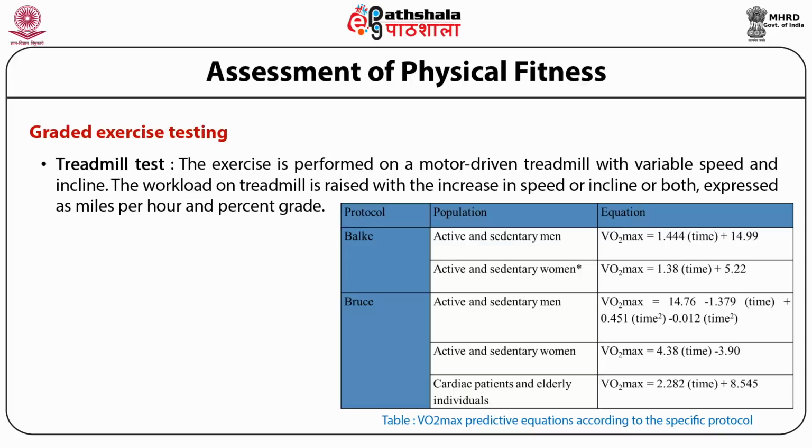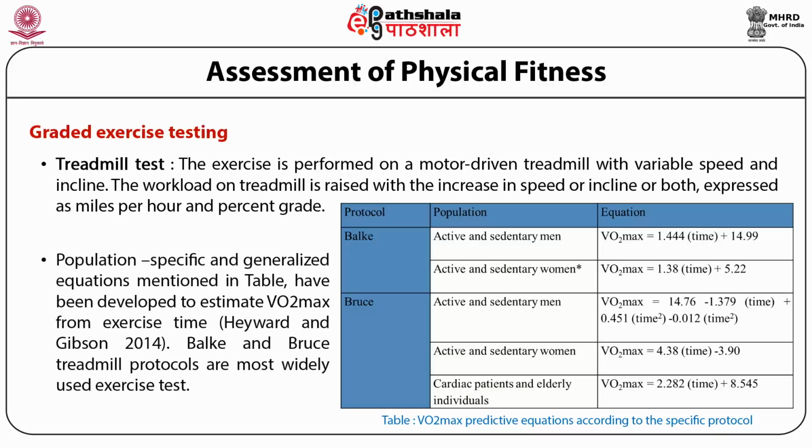The speed of the treadmill varies up to 25 mph and incline is measured in units of elevation per 100 horizontal units, and it's expressed as a percentage.